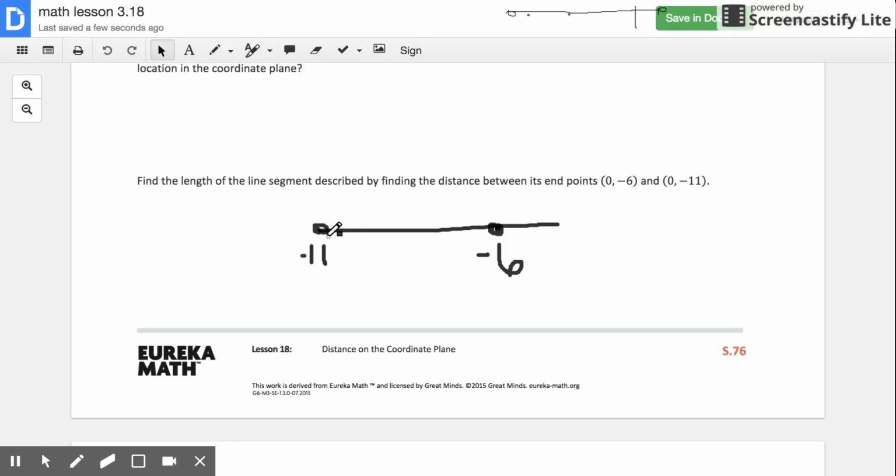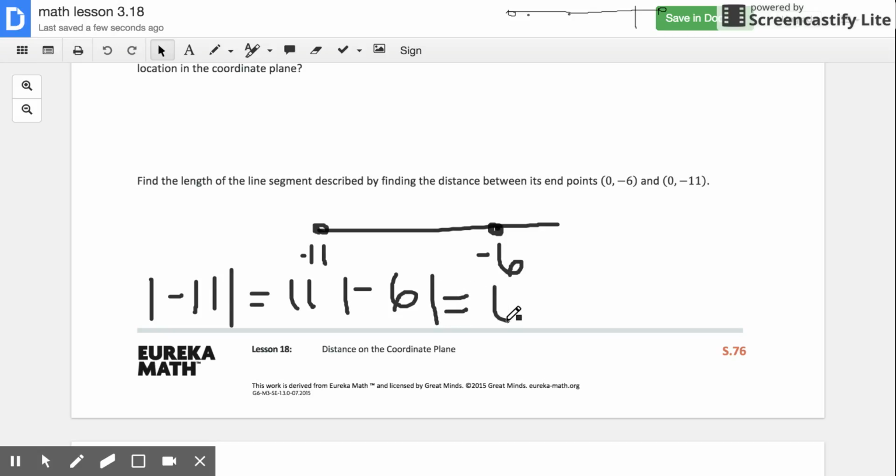So you could either count the number of jumps from -11 to -6, or we can use our absolute value again and say, okay, well, we need to know how far it is to the absolute value of -11, which is 11. When you're starting at the absolute value of -6, which is 6, we need to know what is the distance between those.